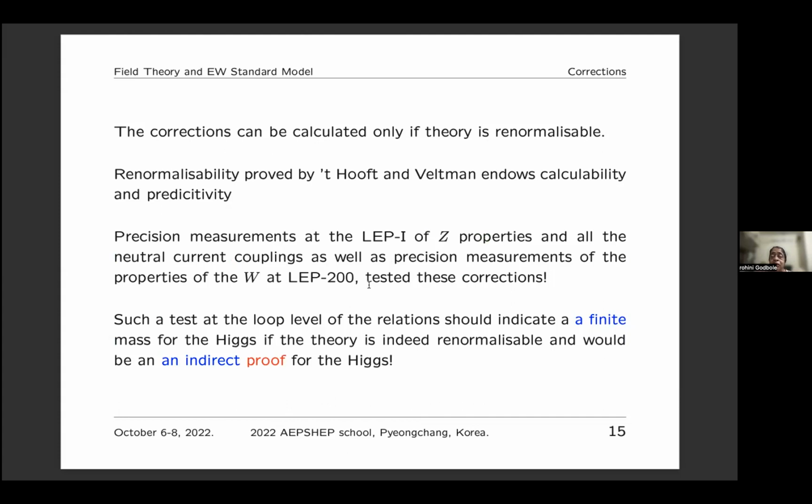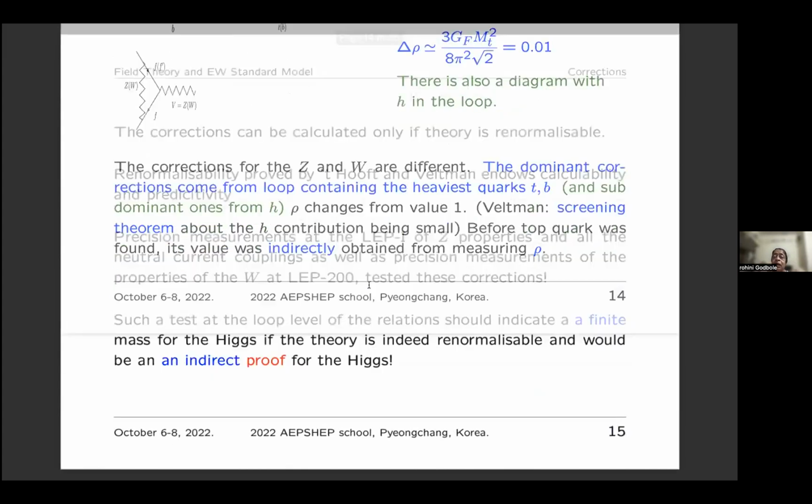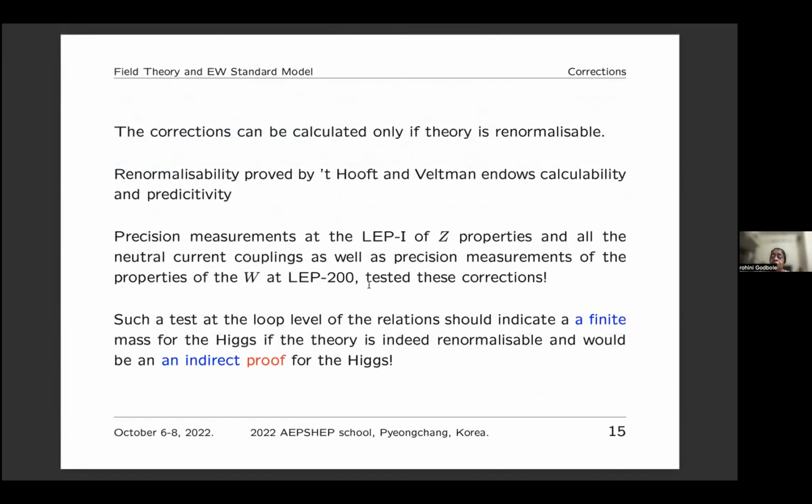I mean the mass of the W, the width of the W, and for the Z, the width of the Z. And these tests, which we will look at on the next slide, are tests at the loop level of all the relations of the couplings predicted by the standard model, corrected by loops like this, at least keeping into account the non-decoupling corrections.